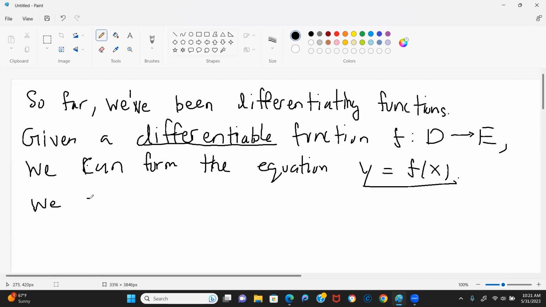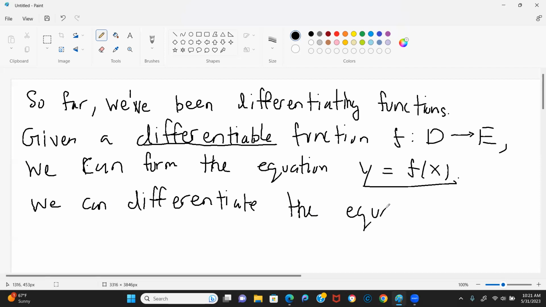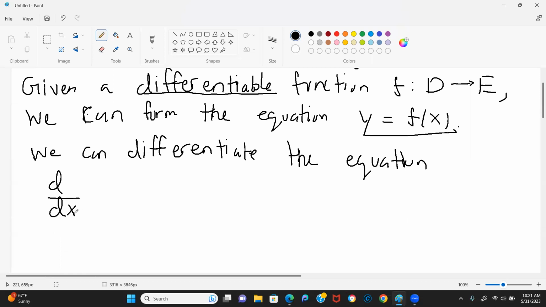So we can differentiate the equation. We apply this derivative, thinking of it as an operator. It's like we're applying this operation to both sides of the equation, and we get the derivative.